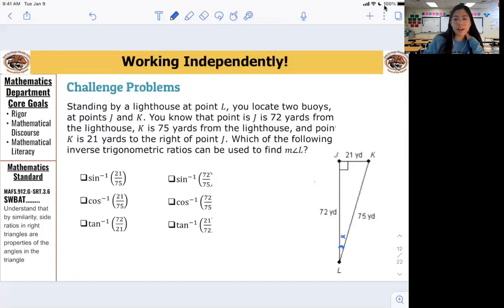If we're looking for angle L, let's go ahead and pick one ratio to use. So Jalen, let me know, do you want to use sine, cosine, or tangent? Either one, doesn't matter. Cosine? Okay. So what would be cosine of L? Let's see, Eric, what would be cosine of L?